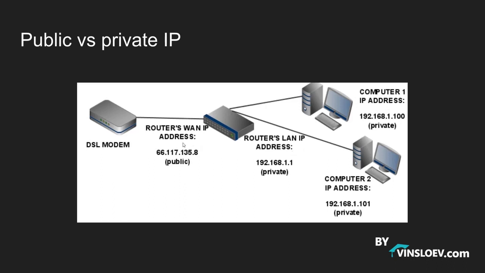Then we have the public IP, which is the one that is showing outside to the world. This is the IP that the web pages you visit will have in their logs when you're connecting to them, or whoever you communicate with on the outside will see this IP, because this is your public IP given to you by your internet service provider.